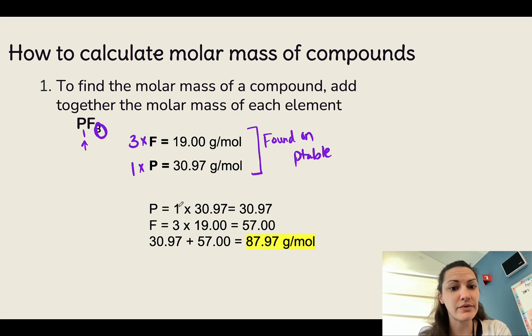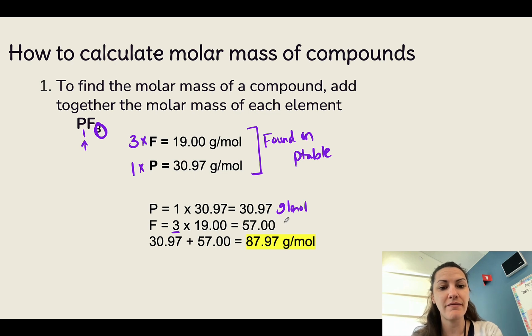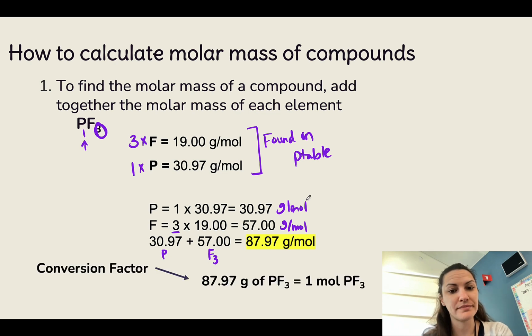So you're going to do phosphorus times the molar mass here, so 30.97 grams per mole from the phosphorus, and then 3 fluorines, so 3 times 19 would be 57 grams per mole. You can then add those up. This is from the phosphorus, and this is from the 3 fluorines, to get our molar mass of 87.97 grams per mole. Again, that is a conversion factor. 87.97 grams of PF3 equals 1 mole of PF3.